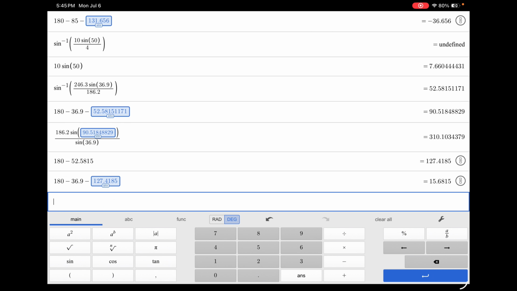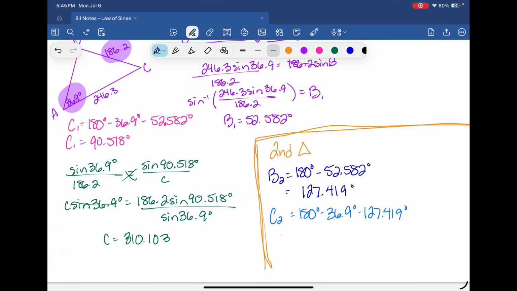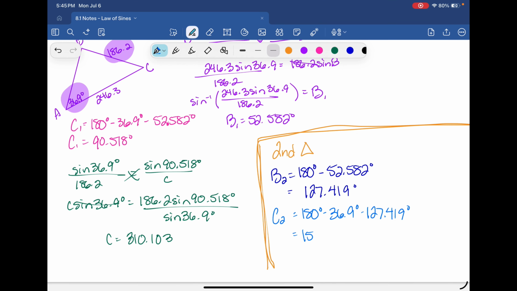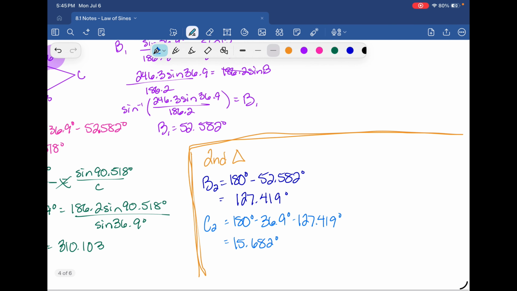It's little, but it exists. 15.682. So that's positive, which means we do have a second triangle.